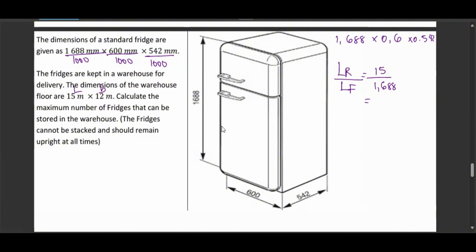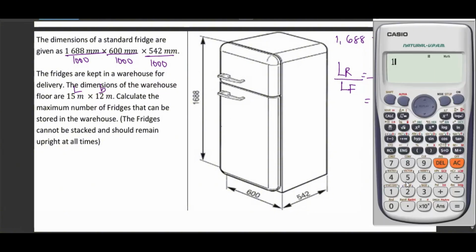It's 15 divided by 1,688. Turn the number into this other part and we see it's 8,886.